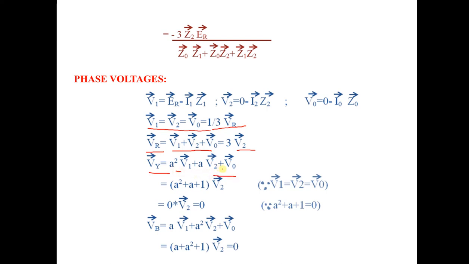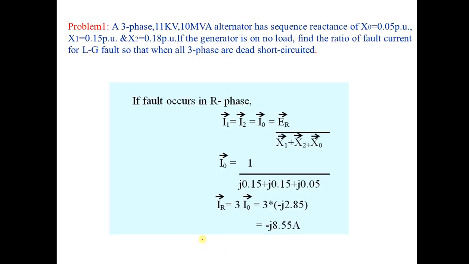Since V1, V2 and V0 are equal, I substitute V0, giving A square plus A plus 1 times V2, and this identity is equal to 0. So VY will be equal to 0, and similarly for the B phase it is equal to 0. So these are the formulas for the double line to ground fault.